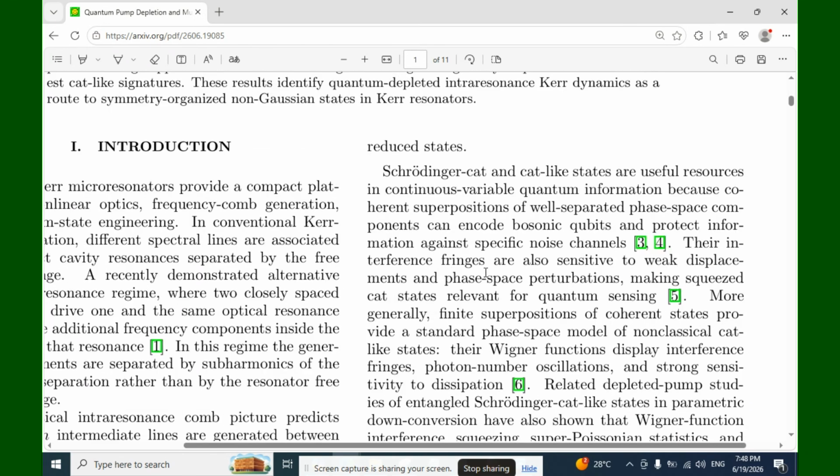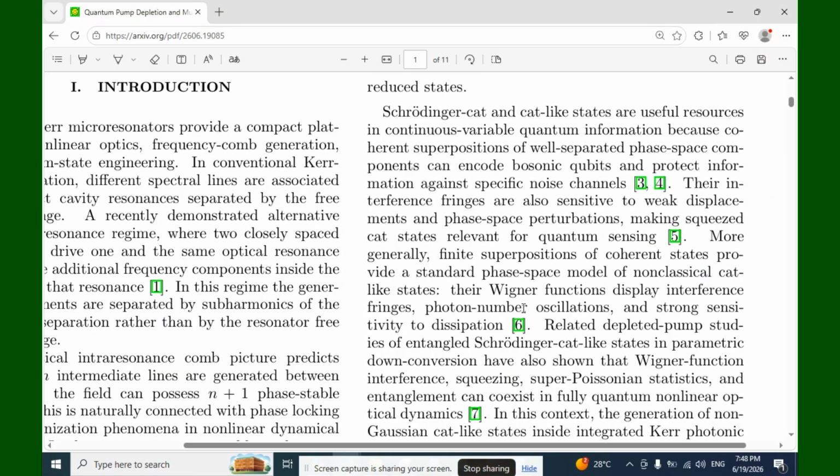Their interference fringes are also sensitive to weak displacement and phase space perturbations, making squeezed cat states relevant for quantum sensing. More generally, finite superpositions of coherent states provide a standard phase space model of non-classical cat-like states. Their Wigner functions display interference fringes, photon number oscillations, and strong sensitivity to dissipation.